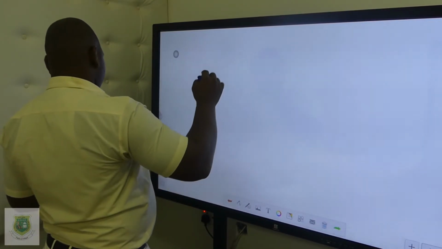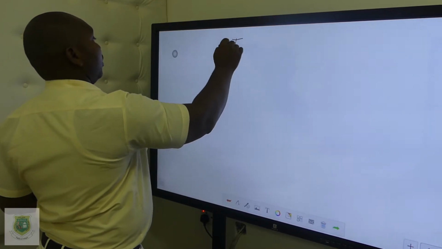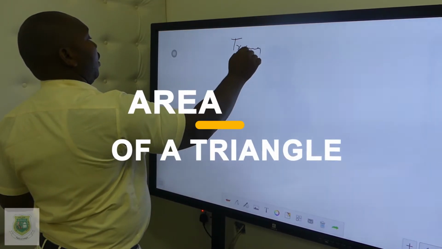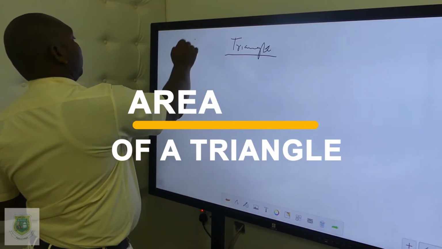Another shape we are going to look at is the triangle. Area of the triangle.